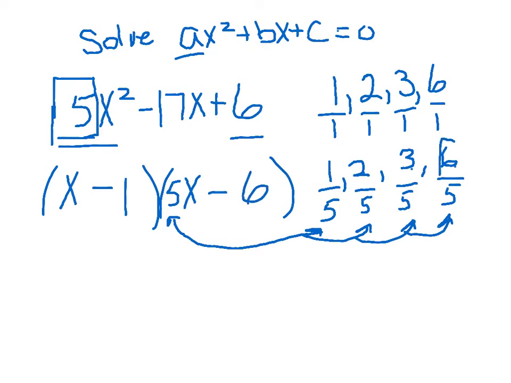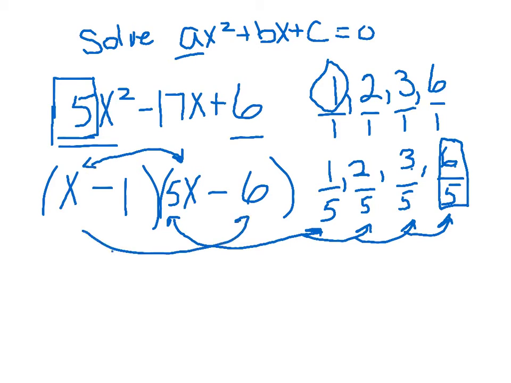Okay, so I'm trying this factor and this one. If I FOIL this back, I will have 5x squared, that's good, minus 6x minus 5x. That would give me negative 11x. So that's not right.